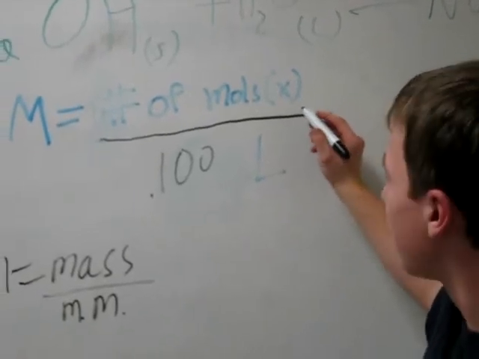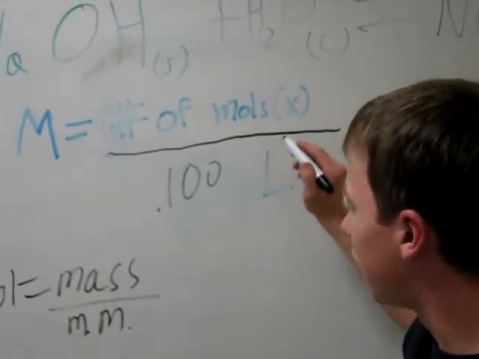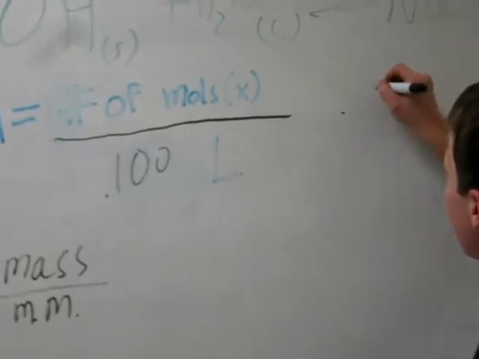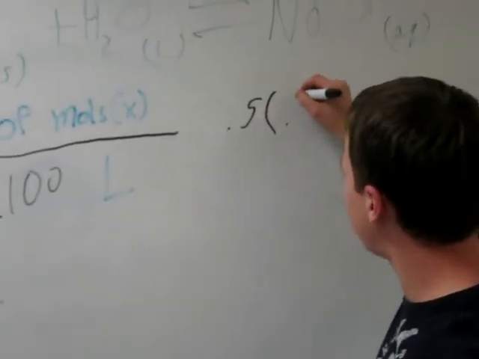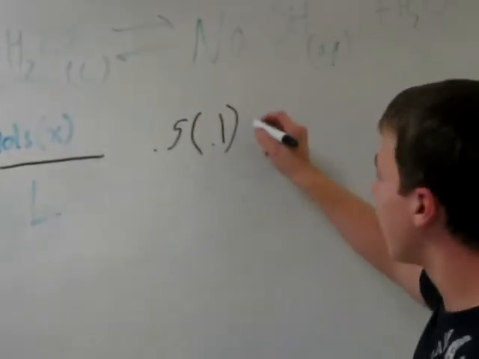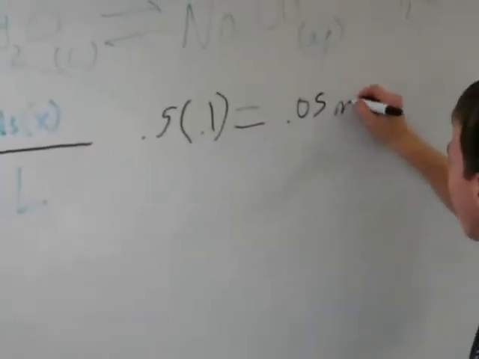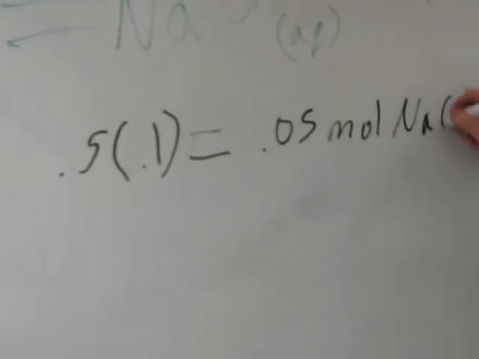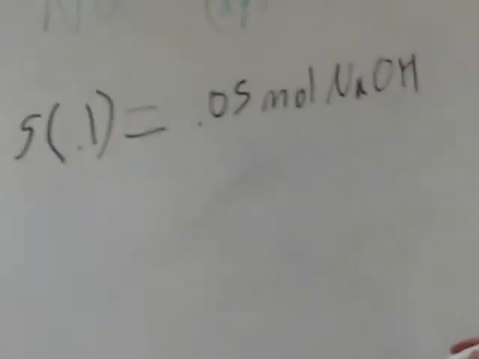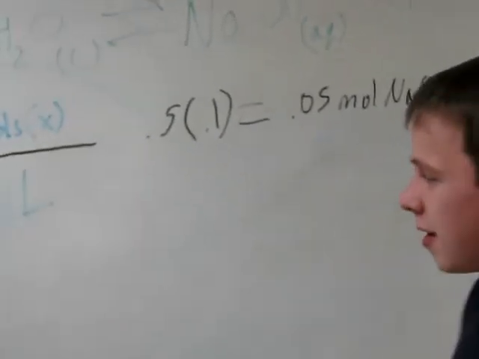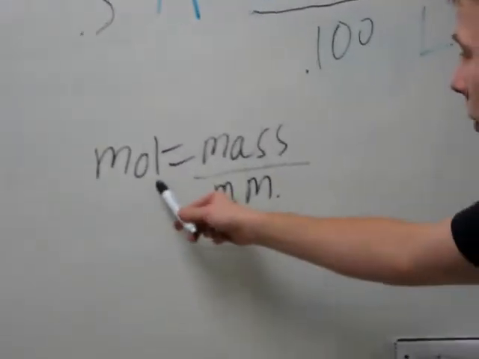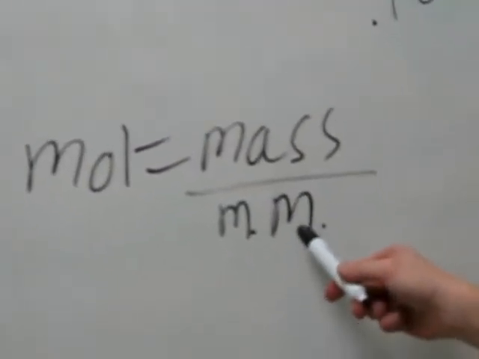Now we want to solve for moles, which is X here, and to do that we take 0.5 and multiply it by 0.1 liters, and that will give us 0.05 moles NaOH. Now we have to convert moles to grams by using this equation here. Moles equals mass over molar mass.